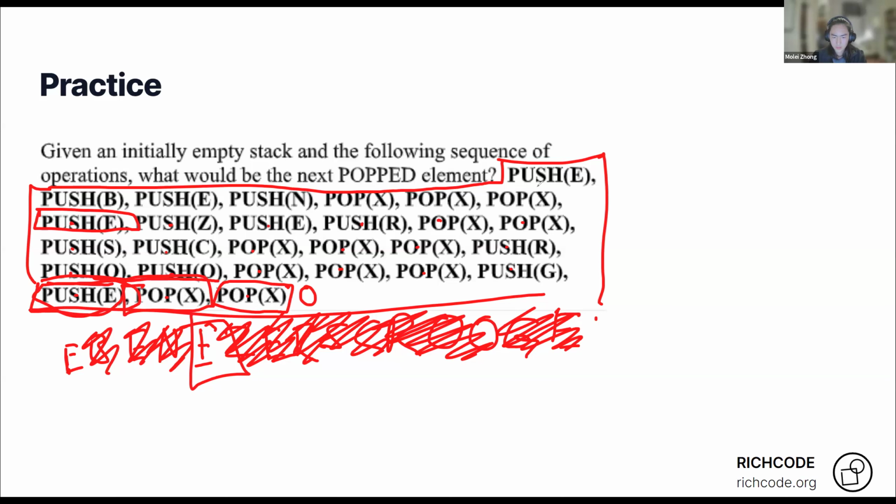So that way, when we finally get to +1, it's a push that's not immediately canceled out by the pops afterwards. The E that got popped is this E over here. This one I circled over here, E.